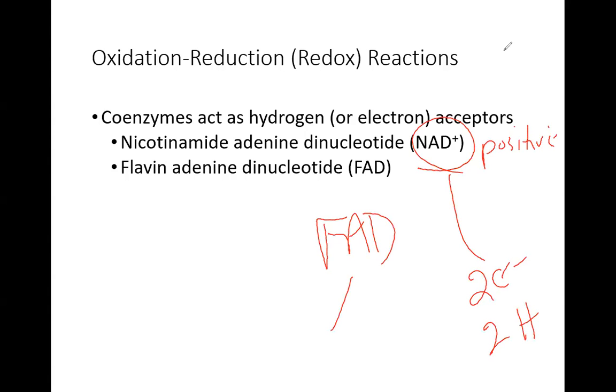FAD will take 2 electrons and 2 hydrogens. These are oxidizing agents that will become reduced, stripping electrons off of glucose. Now, the whole idea of cellular respiration at this point initially is to make some ATP. Overall, it's to strip off the electrons.